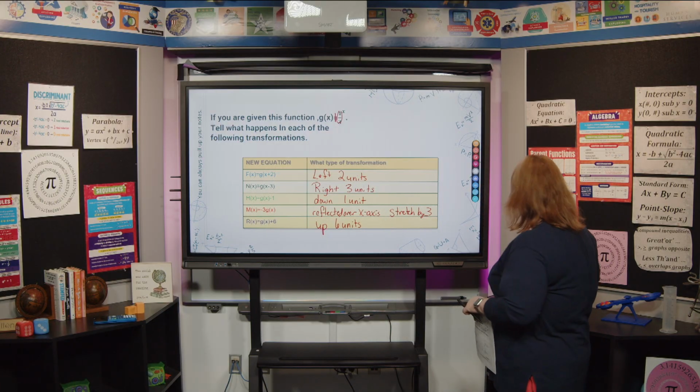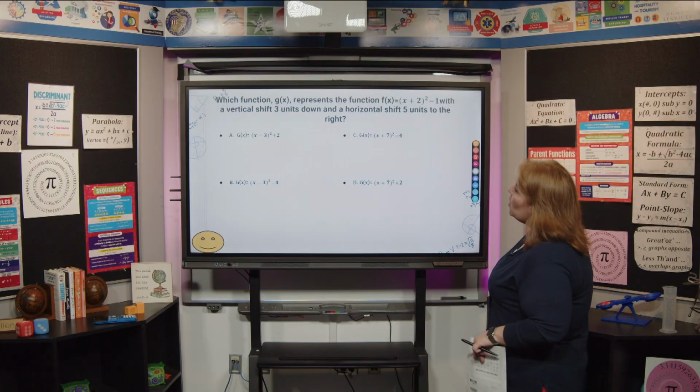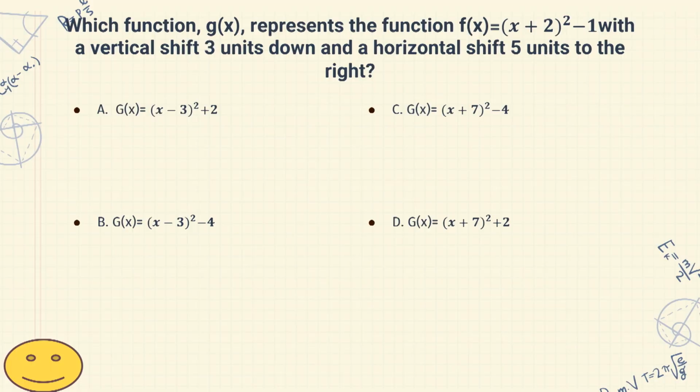Good job. All right, so which function, g of x, represents the function f of x equals (x plus 2) squared minus 1 with a vertical shift of 3 units down and a horizontal shift of 5 units to the right? So what we're going to do here is take what we've done and put that into our function.